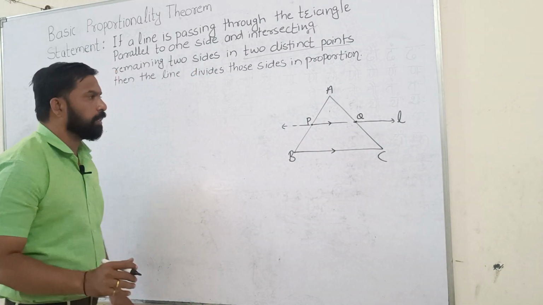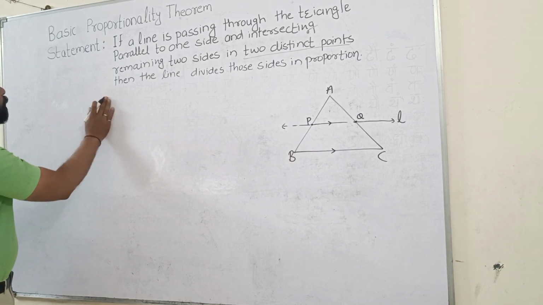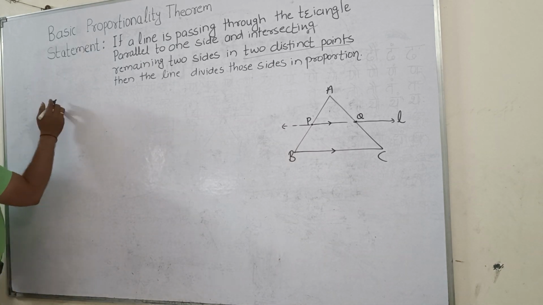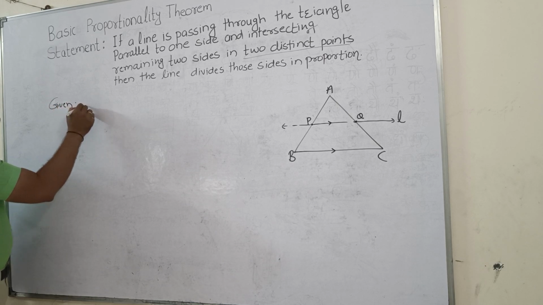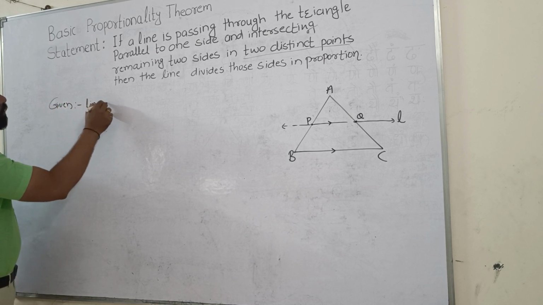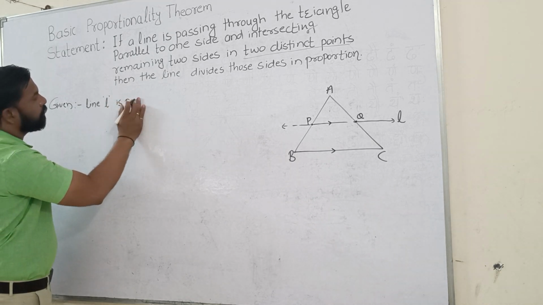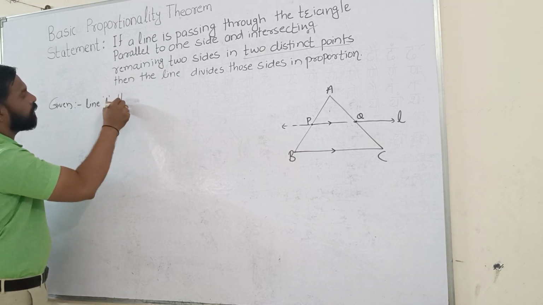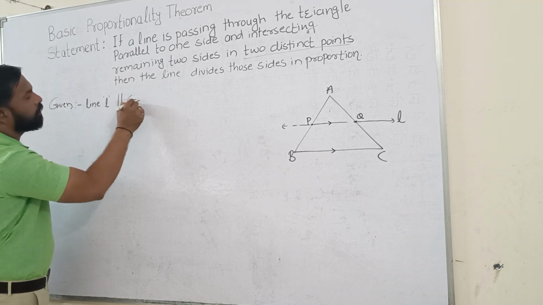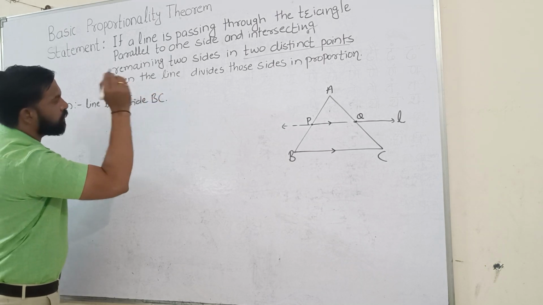So here I can write, from here I will start. Given: line L is parallel to the side BC.